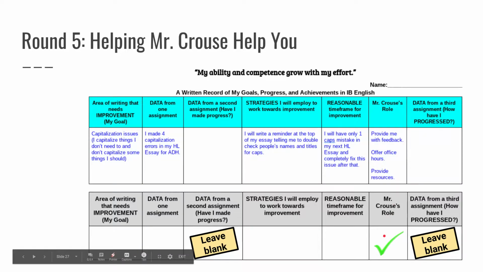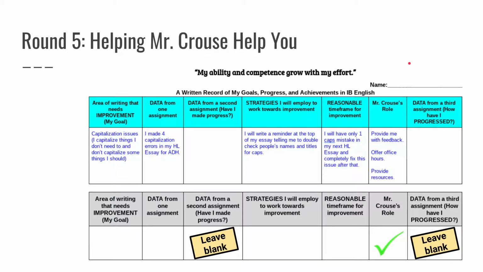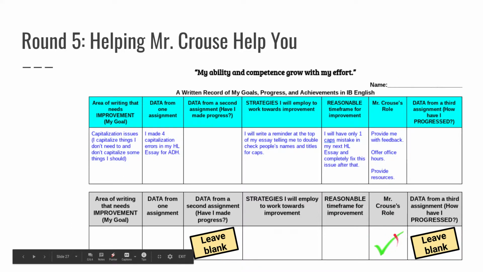If there's other things that you can think of that I haven't done already that you would like, maybe you want worksheets, or nobody wants worksheets, but if you want a quick exercise at the beginning of class every once in a while, or something along those lines, anything that you can think of that would help you get rid of these error types, I want you to put that in the Mr.